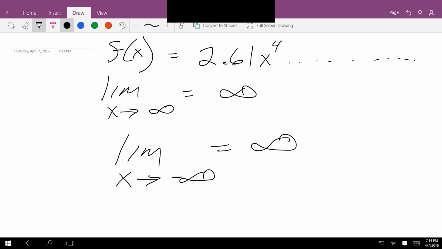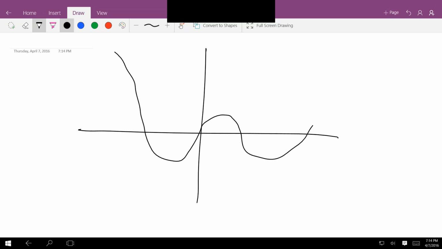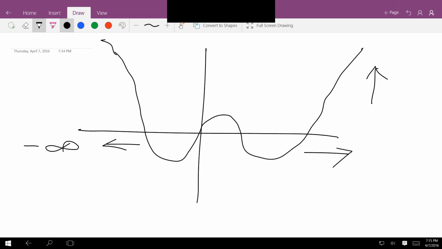What that kind of function would look like is like this. That's a quartic, with three local extrema. As we go that way, all the way to infinity, I'm going to positive infinity up there. And as I go this way, all the way to negative infinity, I'm still going to positive infinity.